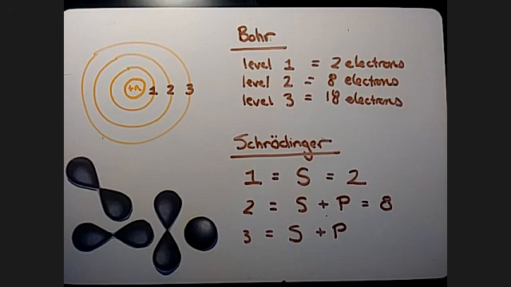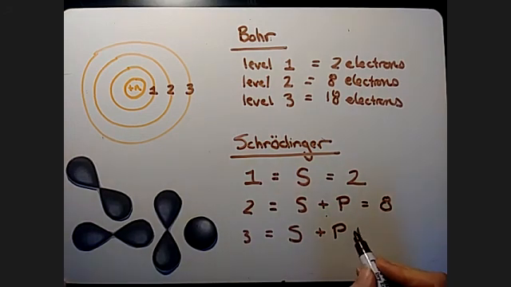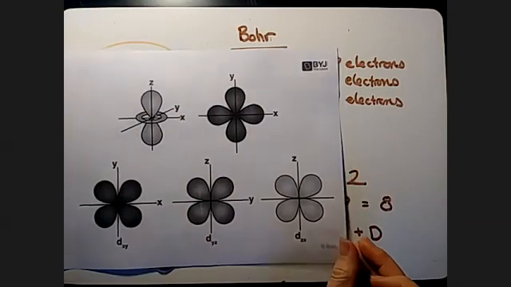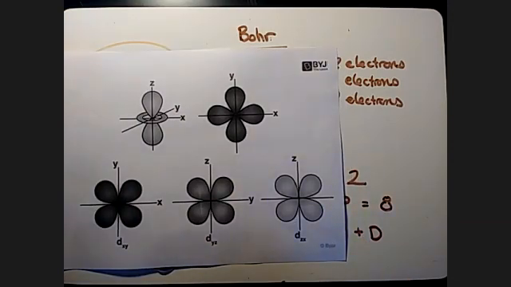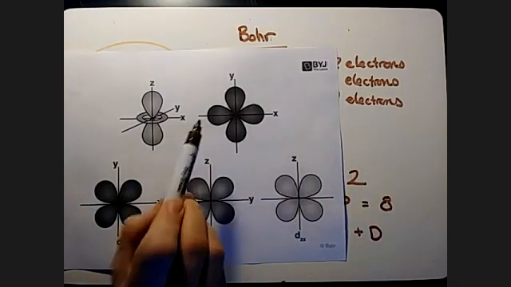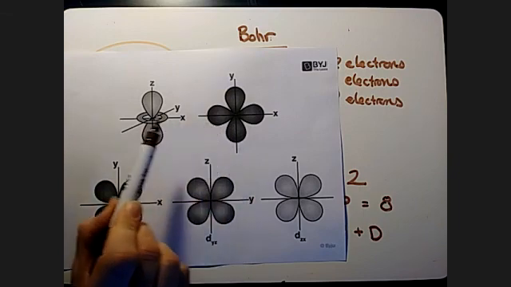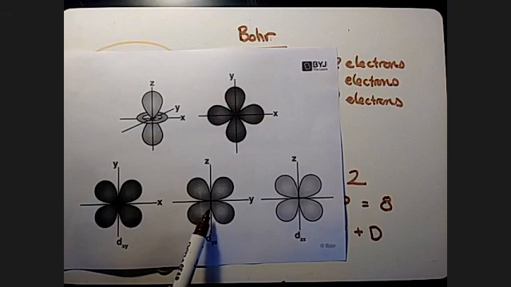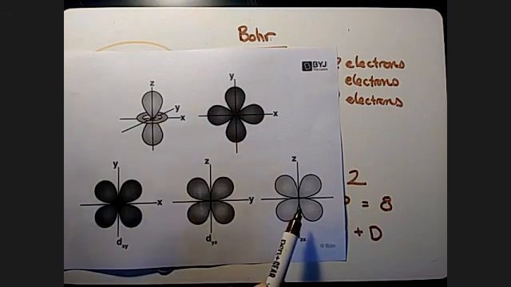I'm going to have to break into the next shape, the D shape. Here is that D shape one more time. Again, these ones look crazy, but remember that there are 5 of them. So 2 electrons can live here, 2 electrons can live here, 2 electrons can live here, 2 electrons can live here, and 2 electrons can live here.